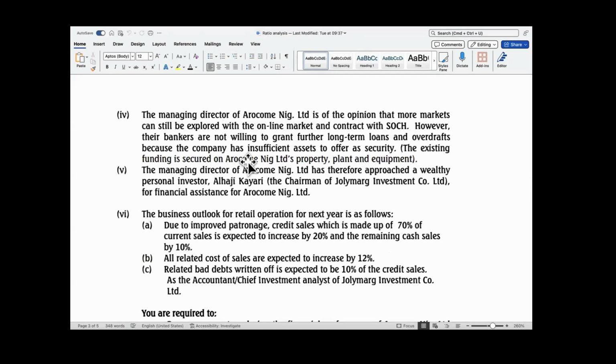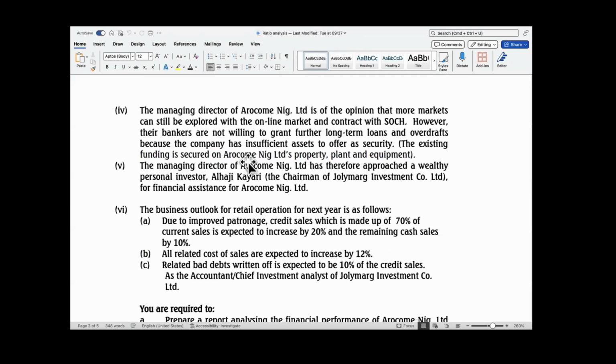However, the MD of this company believes that they can still explore the online market, and even this contract they just got, they can extract it better. But the banks will need more money to invest into these new segments, but banks are not willing to give them money.